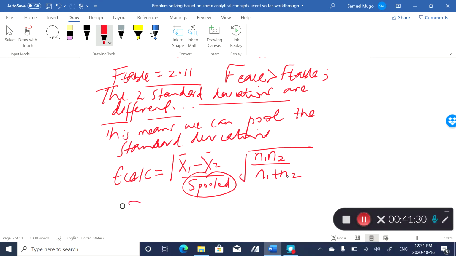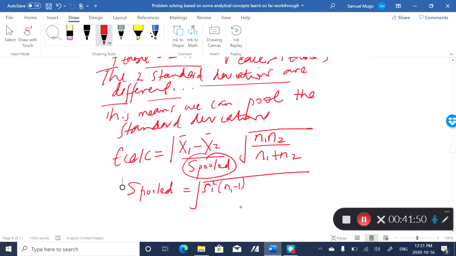Okay, and remember the s pooled is equal to that relation, which I'm going to give you in an exam: s1 squared, the variance of method 1, times n1 minus 1, that's the degrees of freedom of the first method, plus s2 squared times the degrees of freedom of the next method, divided by the degrees of freedom of both methods.